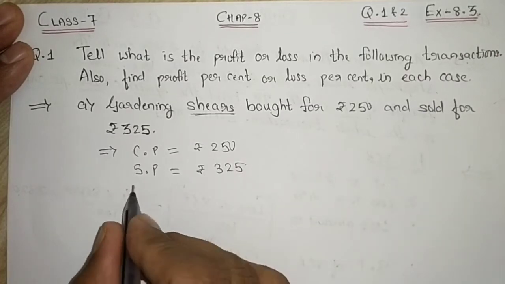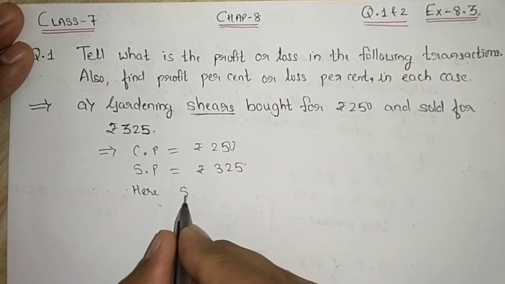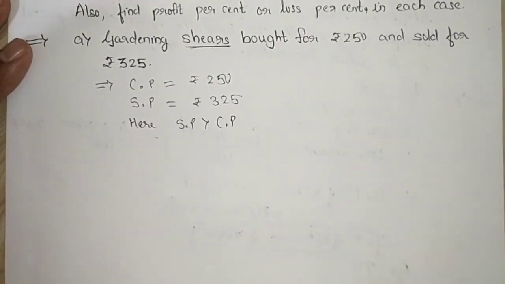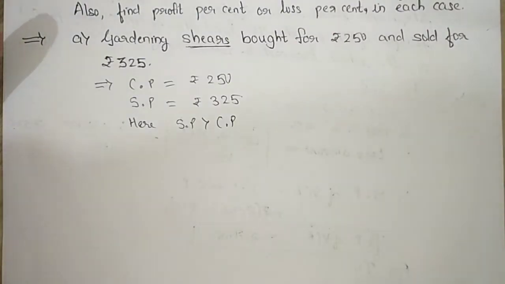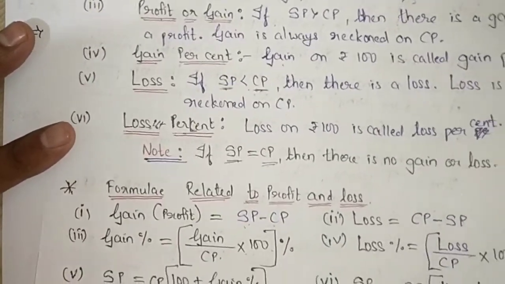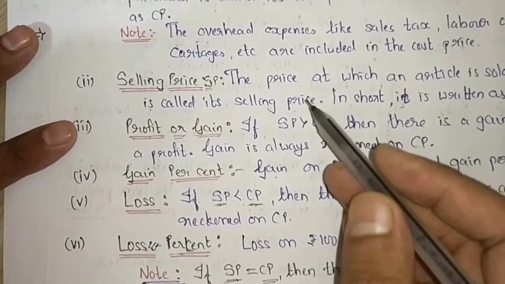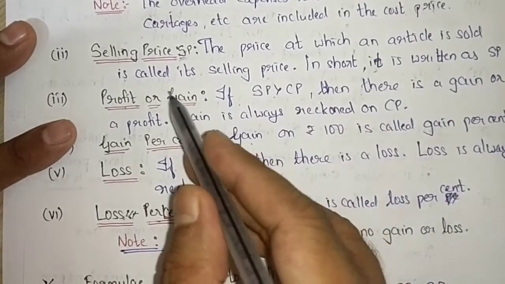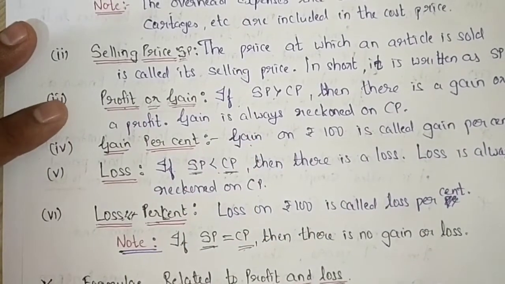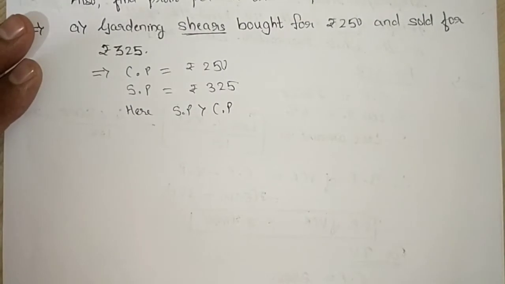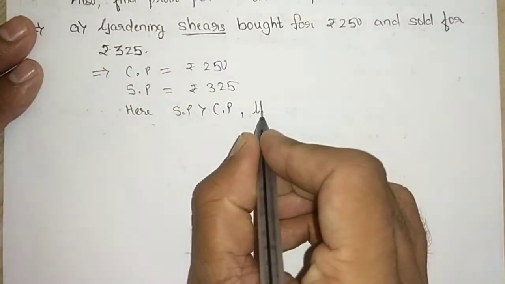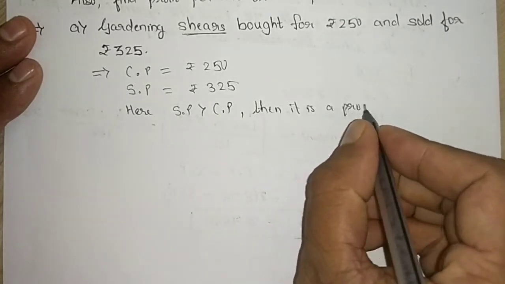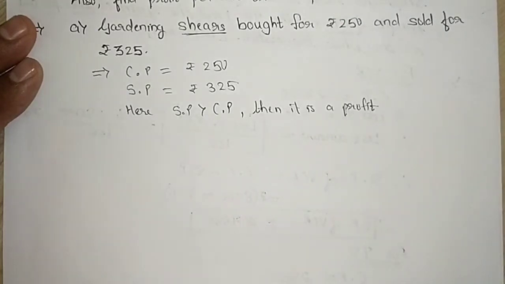Here you can see SP is greater than CP, and I have discussed with you, if SP is greater than CP, then what is it? It is a profit. This was the introductory lecture which I have discussed with you. So I will say then it is a profit.